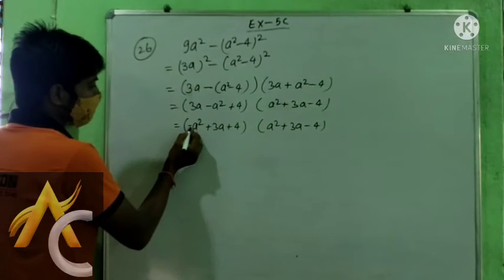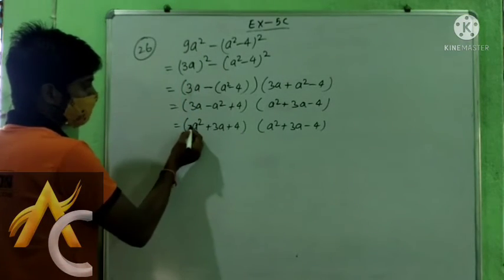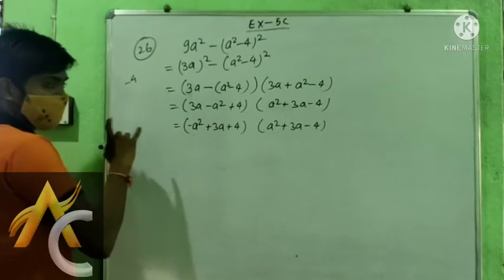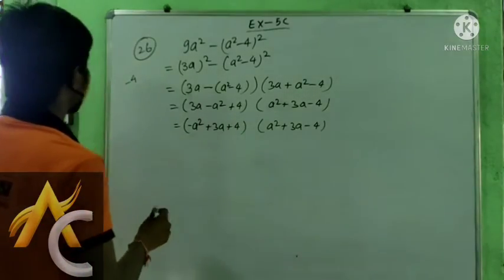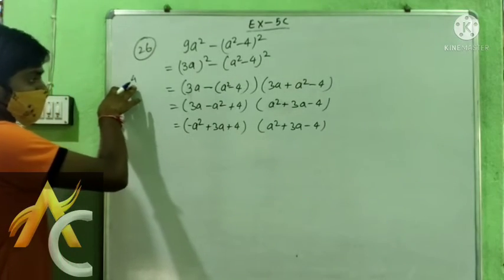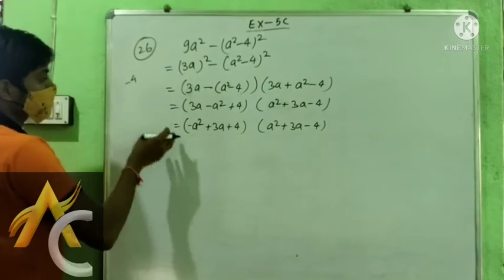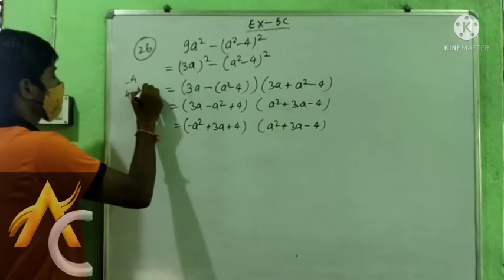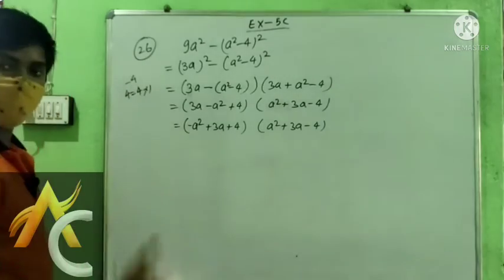We multiply the coefficient of a square and the constant term, that is minus 1 and 4, so it will be minus 4. We have to find the factors of 4 in such a manner that their difference will be equal to 3. As we know, 4 can be written as 4 into 1, and 4 minus 1 is 3.